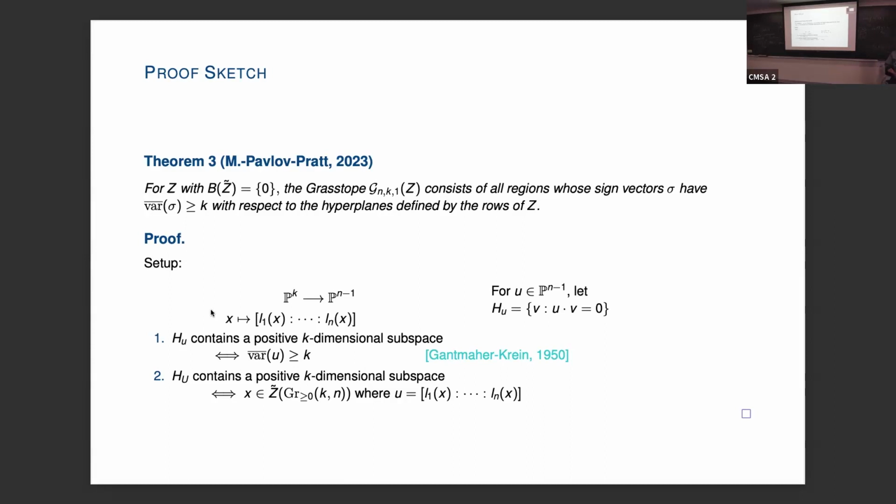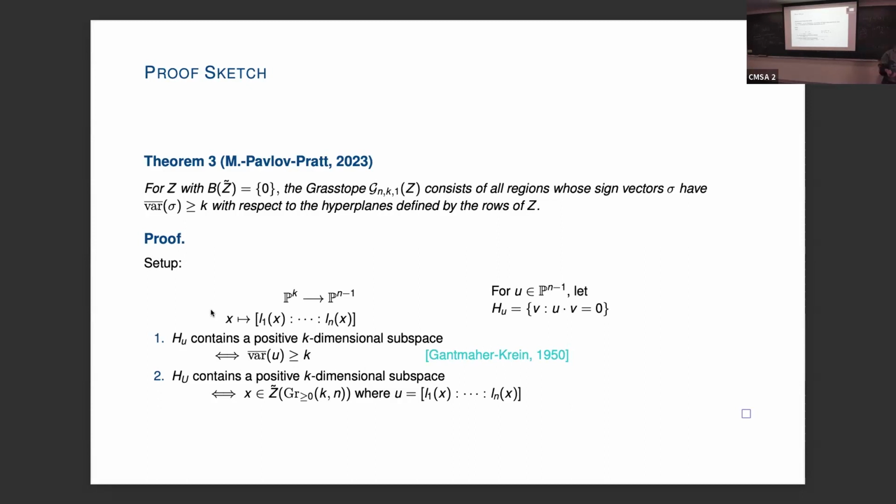So if it contains both the kernel and the positive subspace, then we know that the point X actually is the result of mapping the positive subspace that it contains, so actually a point from the positive Grassmannian, through Z into this PK. So it was very important here that the map is well defined.